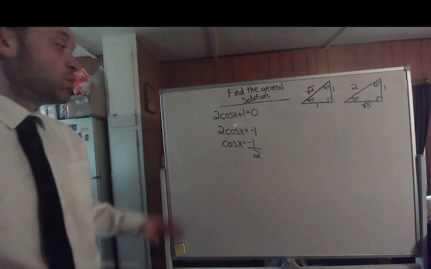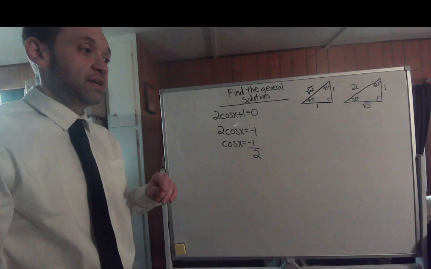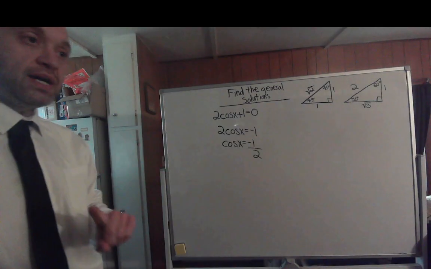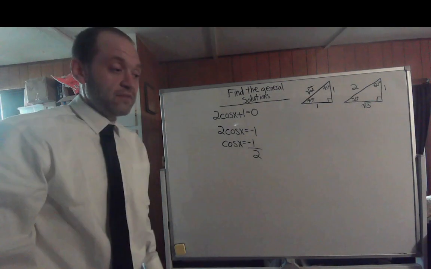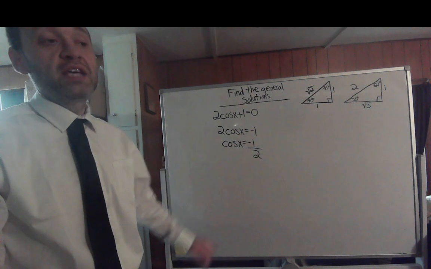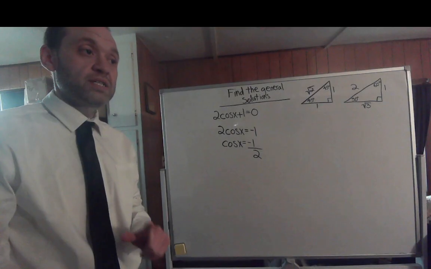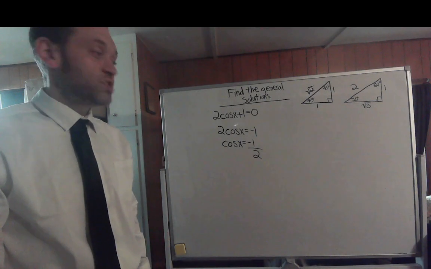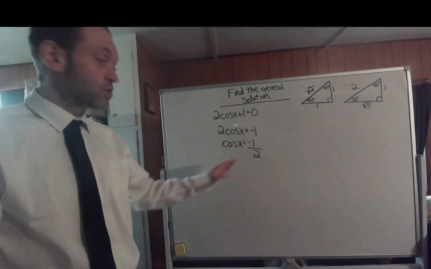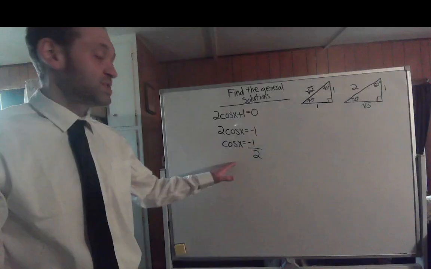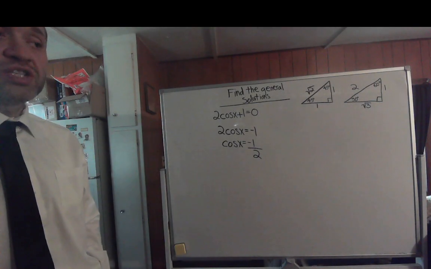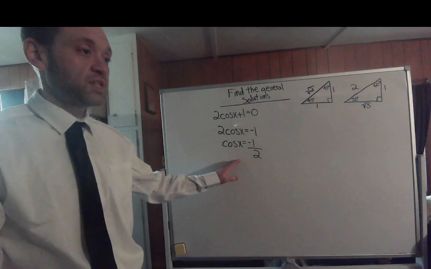I also want to mention that you can take the inverse cosine, but keep in mind that the inverse cosine of a negative would only give you the second quadrant. If you're going to find the general solutions, you're also going to need a third quadrant answer, because the cosine is negative in the third quadrant. So you probably don't want to just rely on the inverse cosine.